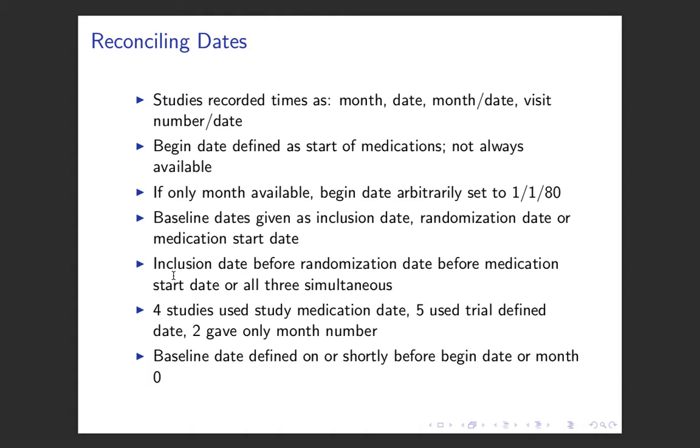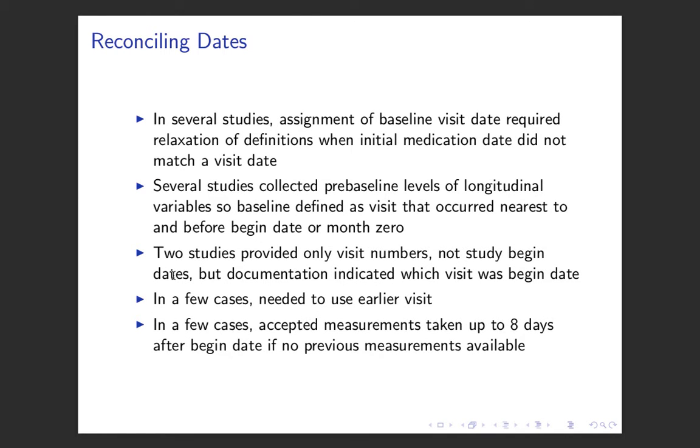And so in this particular case, 4 of the studies used the medication date as the visit, 5 used a trial defined date, and 2 gave only the month number. So you know, we had to do a little bit of work to get those right. And so sometimes you have to try to change your rules a little bit.